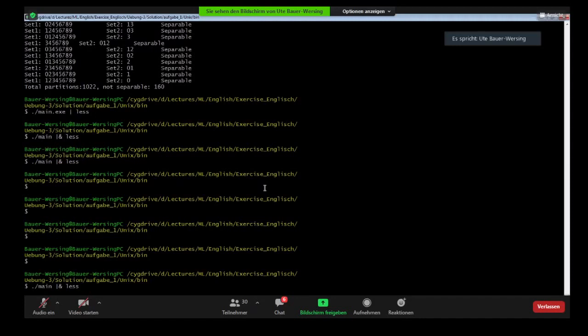You should end up roughly in that range of non-separable partitions. Why do I say you should end up? What's the difficulty with it?